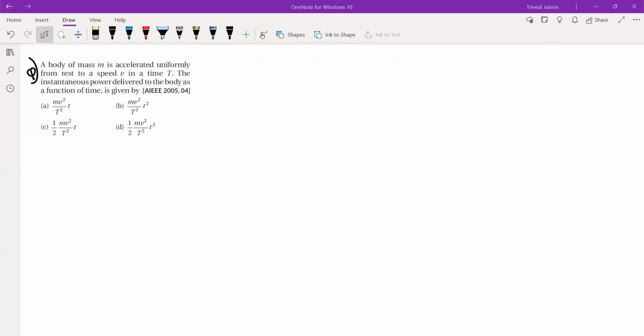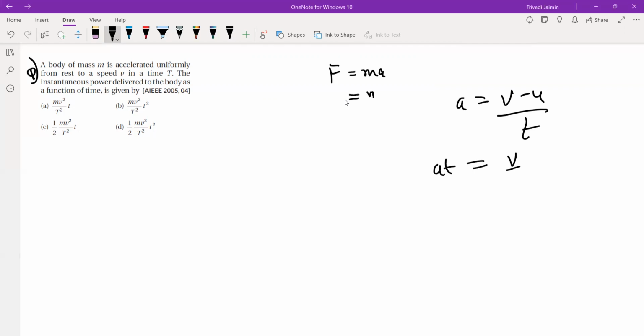We'll solve here. Simple. F equals ma. a equals v minus u by t. u is 0. v equals at. Fine. Here m equals v by t. We can substitute.